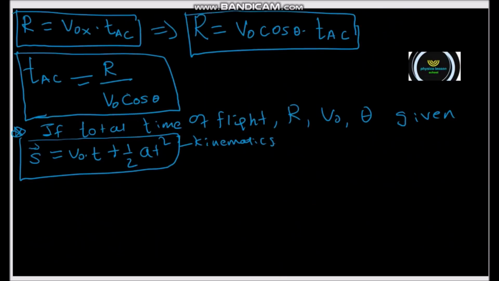That means we can substitute minus YA is equal to V naught sine theta, because we are using the y component, V naught sine theta times T. Which time are we using? The total time of flight, TAC, minus 1 over 2 A. A we already have, because we are using acceleration due to gravity, times TAC squared.